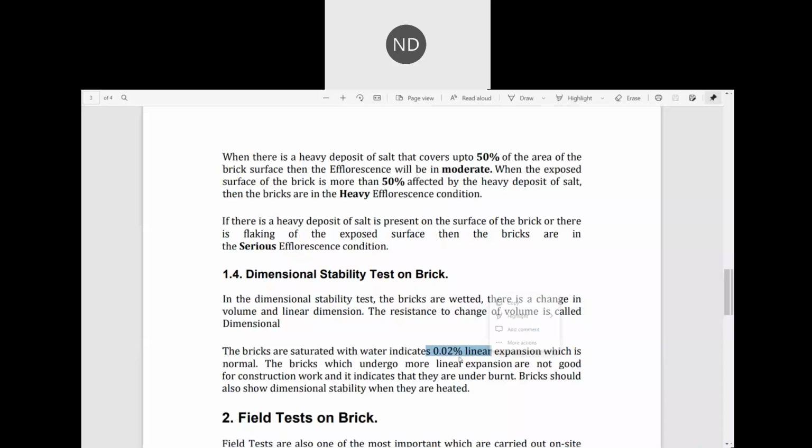There are different classes of bricks: first class, second class, third class bricks, and then you have overburnt bricks, poorly burnt bricks, etc. So when your expansion is more than 0.02%, that means your brick is underburnt, it is not burned properly, and it has not attained enough strength to carry different loads.